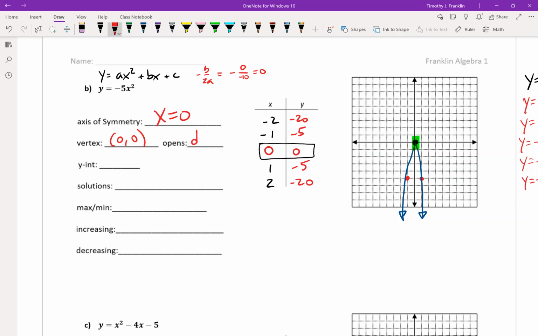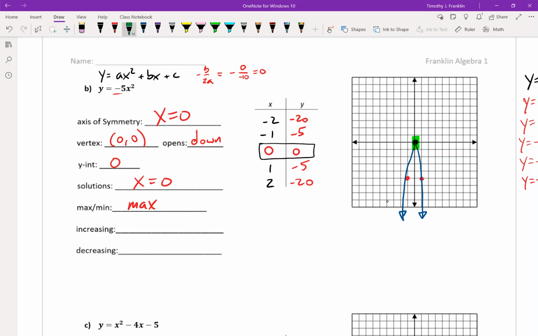This graph opens down, which again we knew because A was -5. The y-intercept is 0. Our solutions, we actually have one solution. And it's right here at 0, 0. So just one intercept this time. That's fine. Maximum or minimum, this vertex is a maximum because it opens down. It's the highest point on the graph.